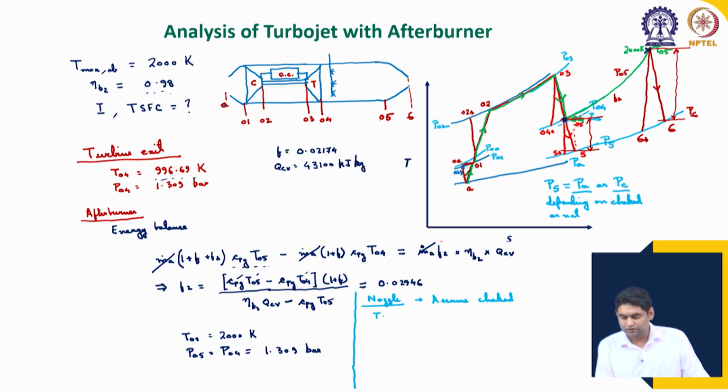In that case, T star equals T6, and T06 by T6 is equal to T05 by T6, or the other way around.